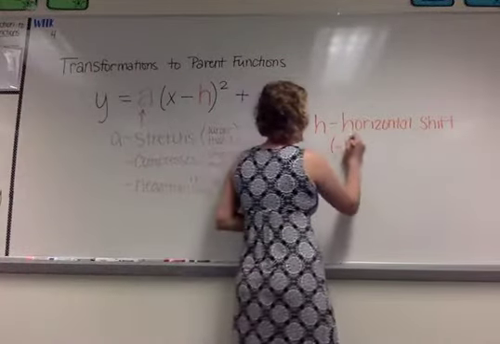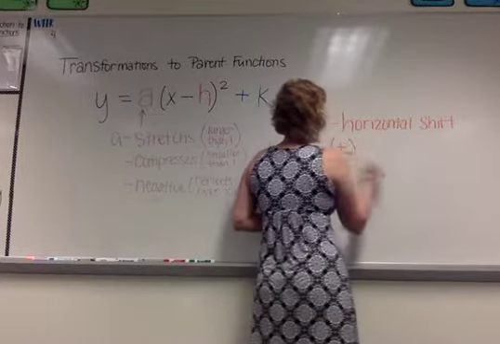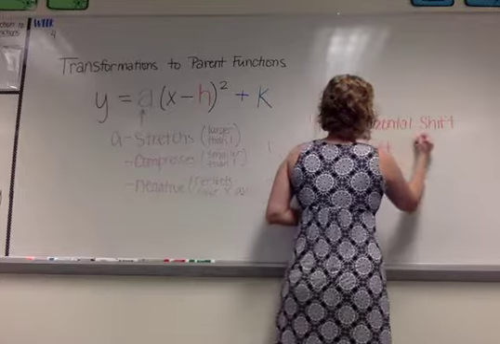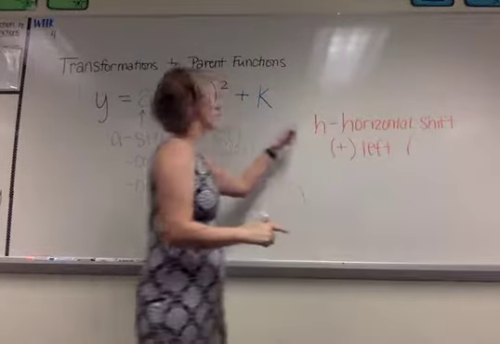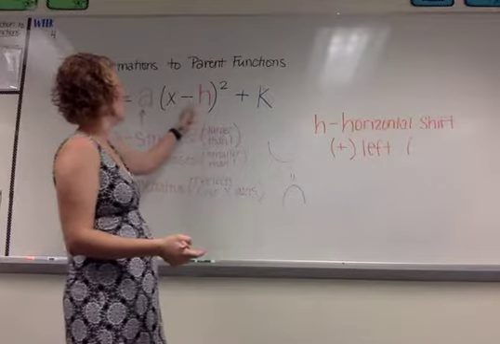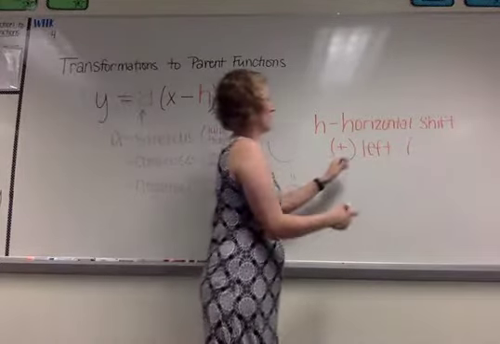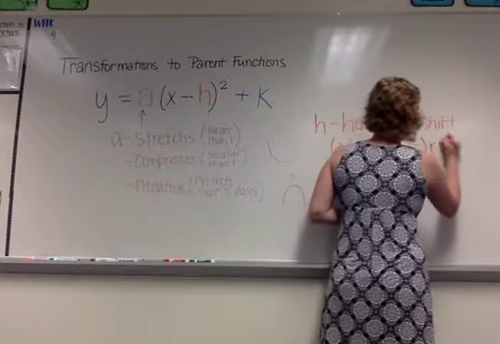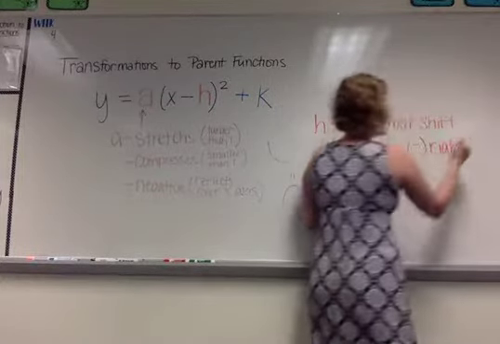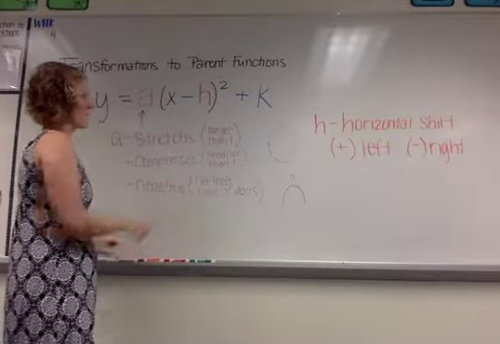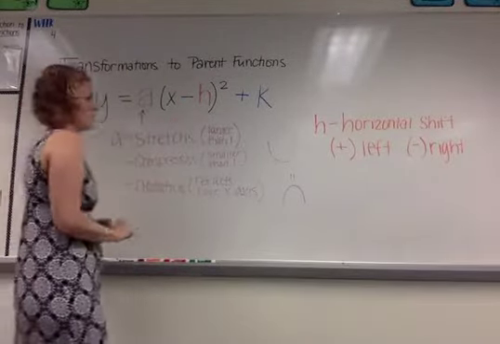So if it's positive, it moves to the left however many units. So if your h is -4, it would move to the right. Positive, it would move to the left. So if it's negative, it moves right, and it's by however many units as well. Okay, so h is horizontal, that's why we use an h.